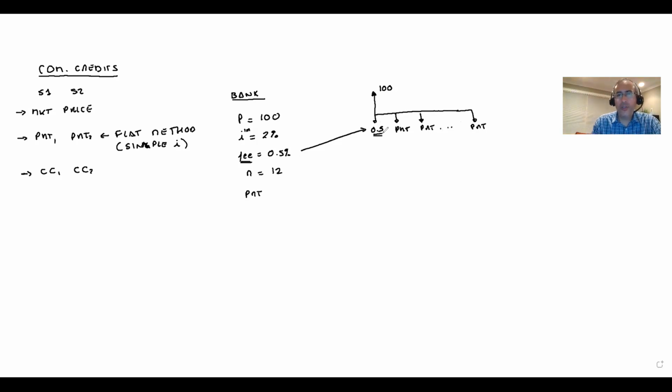One obvious answer is, if I want the bank to lend me this, simply my loan should be 100.5, right? That's the logical one. Imagine, guys, that we say, I want to include the fee in my loan.